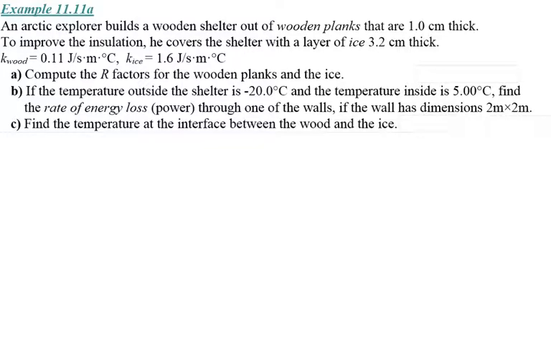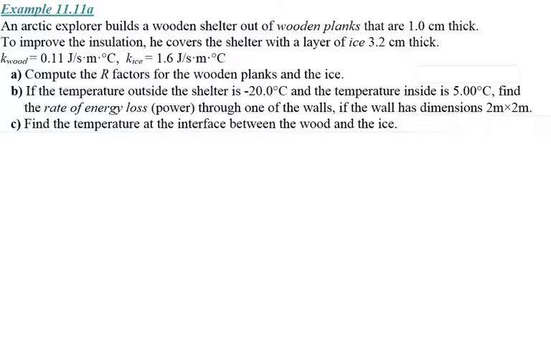In this question, they say an Arctic explorer built a wooden shelter out of wooden planks that are 1 centimeter thick. To improve the insulation, he covers the shelter with a layer of ice 3.2 centimeters thick. Compute the R factor for the wooden planks and the ice, where the R factor is the thickness over the thermal conductivity.